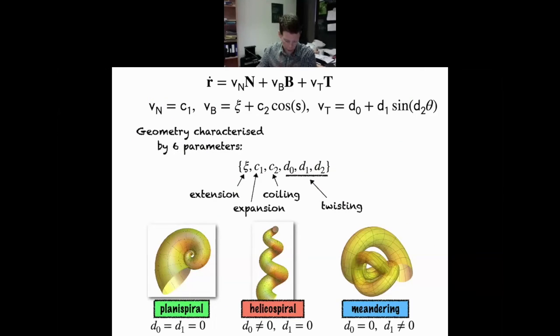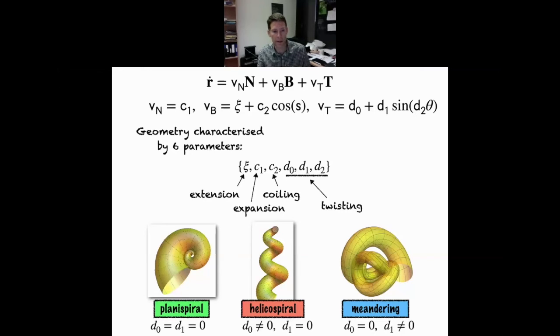So returning to this geometric description, I'm going to do the same sort of thing in the normal and the binormal direction. I'm going to have a growth gradient. I'm going to have a uniform expansion in the normal direction. And then in my tangent, my twist is going to have these three terms, D0, D1, and D2. And so the point is that I can make each of these three shells with the same normal and binormal functions and only changing the type of twist.